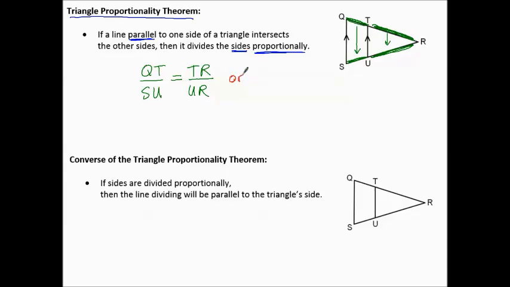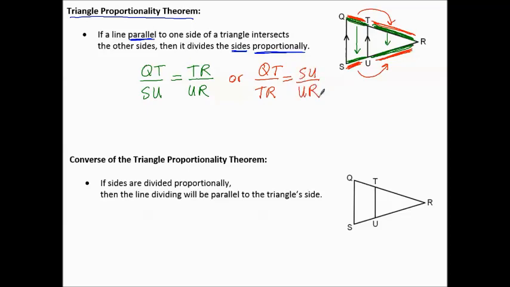Or we could say QT, this piece, over TR, this piece, so going from left to right, equals, if we go from left to right on top, we go from left to right on the bottom, SU over UR.